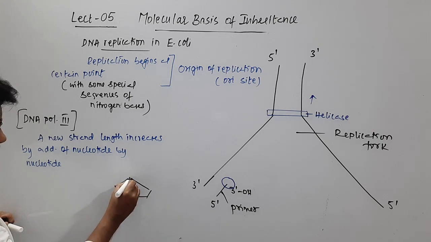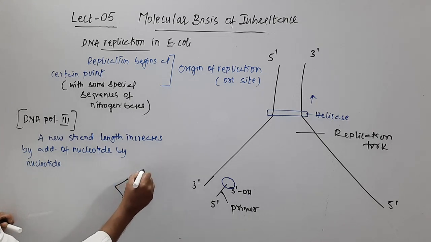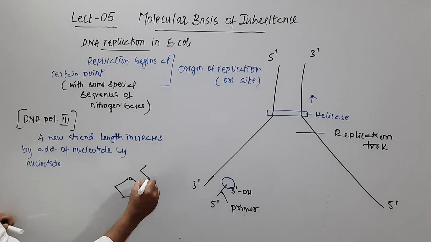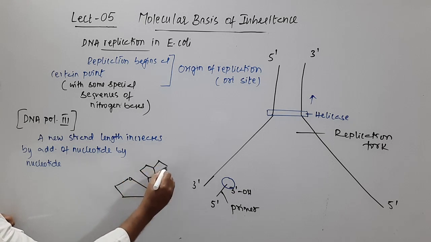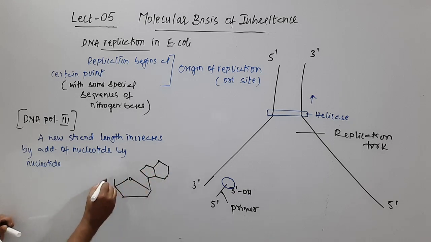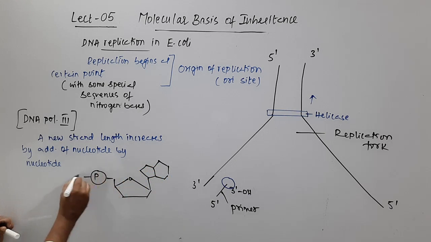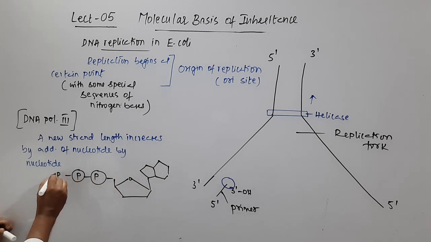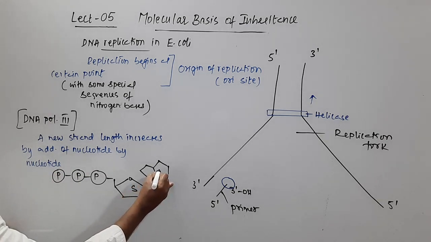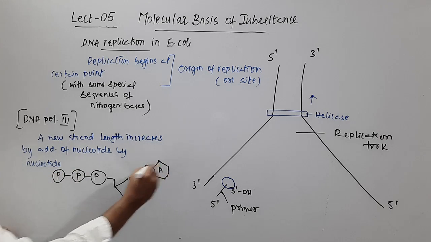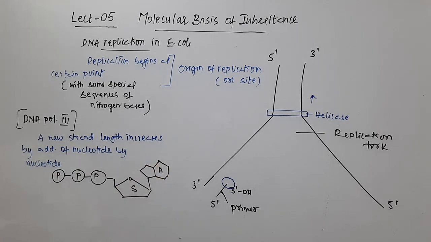So this is a nucleotide, and we'll have phosphate and phosphate. So this is sugar, and this you can take either adenine or guanine because there are two rings. If there is a single ring, then you need to take cytosine or thymine.